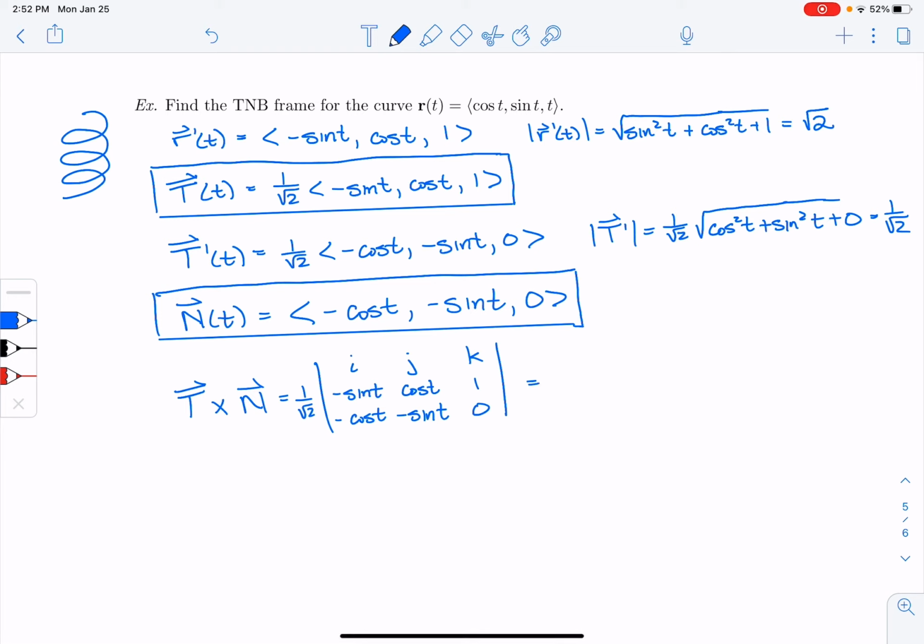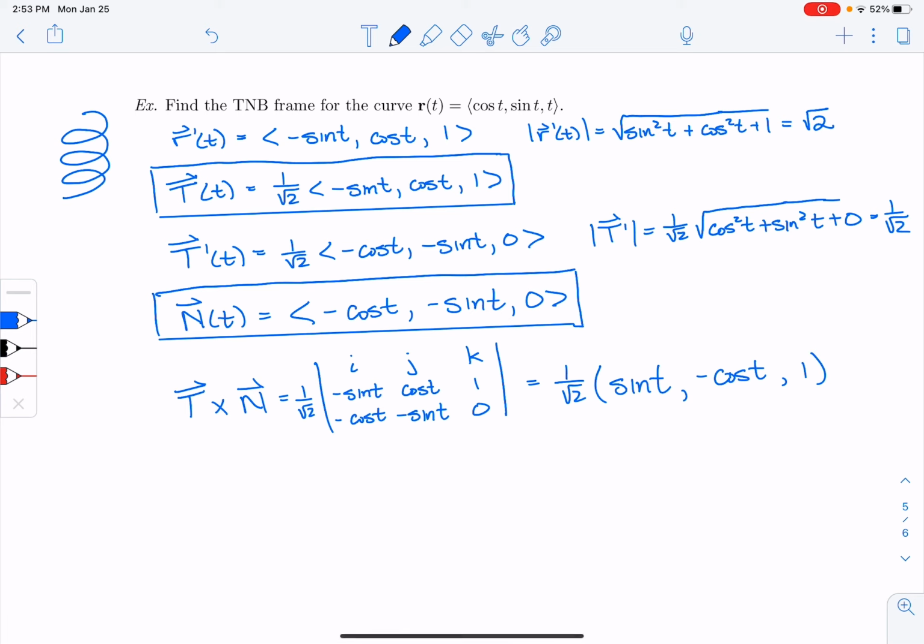And so when I take that cross product, and I'm not going to go through every detail, I'm going to get 1 over square root of 2 times, the first component is sine t, the second one is negative cosine t, and the third component is 1.